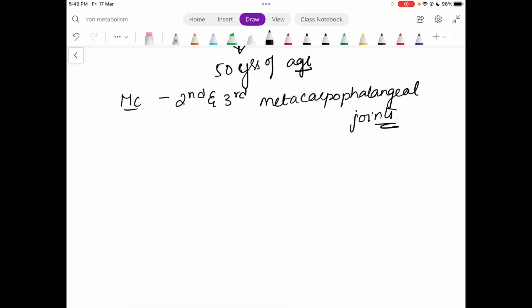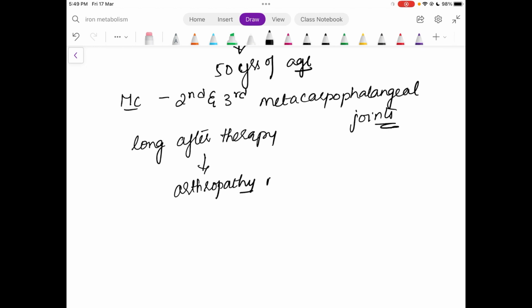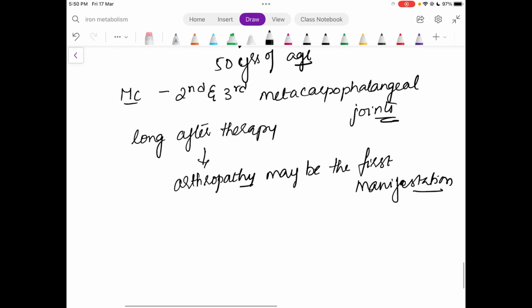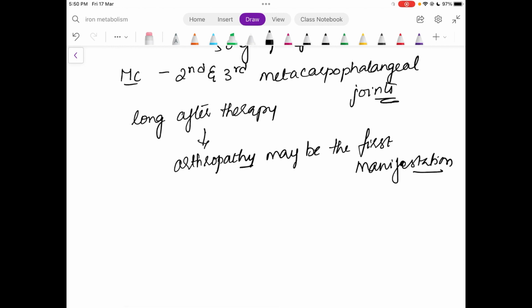And long after the therapy, this may be the first manifestation. Arthropathy may be the first manifestation in a treated patient. This will appear mostly after 50 years of age.